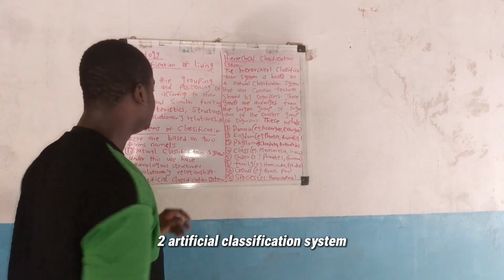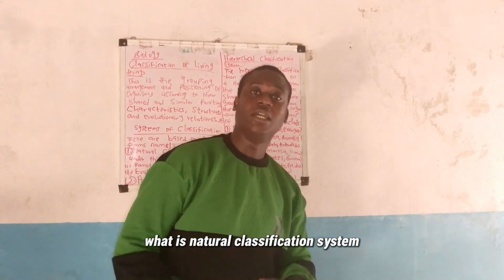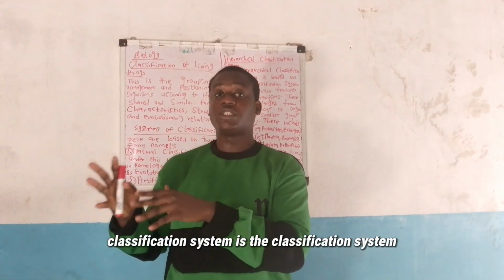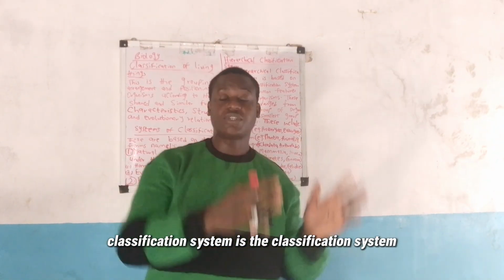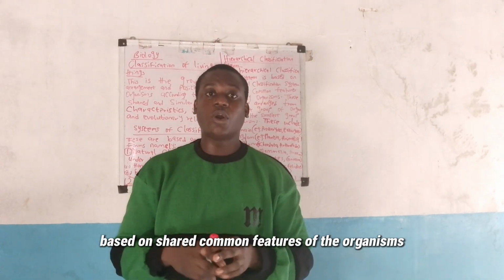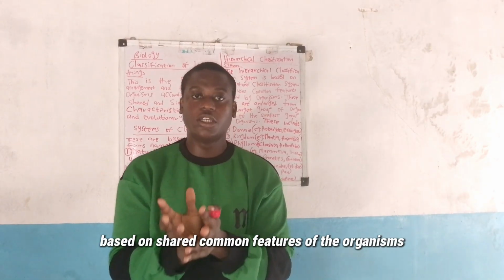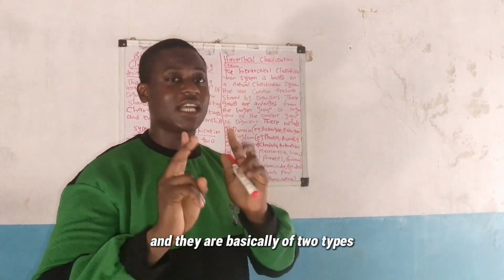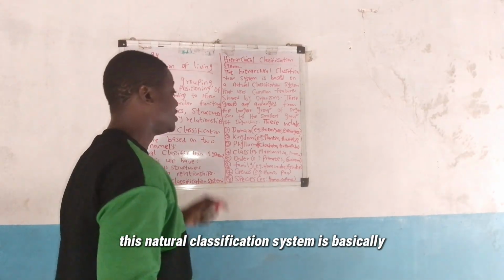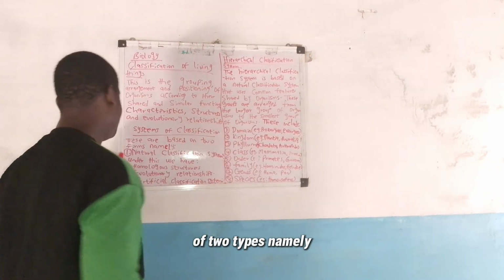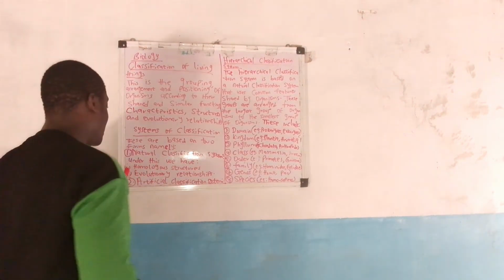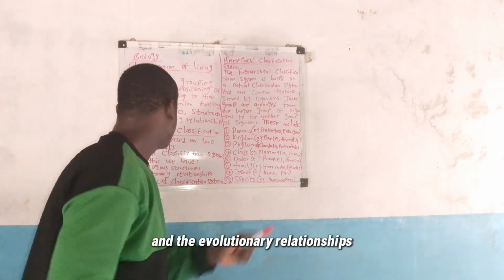Artificial classification system. What is natural classification system? The natural classification system is the classification system based on shared common features of the organisms, and it is basically of two types, namely the homologous structures and the evolutionary relationships.